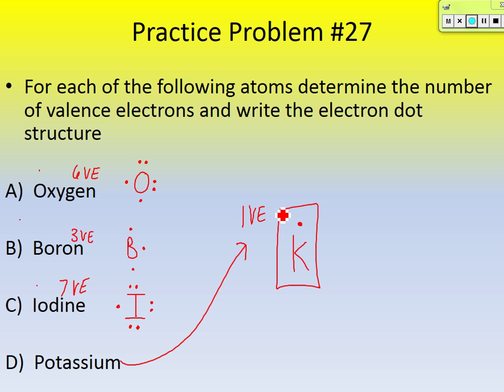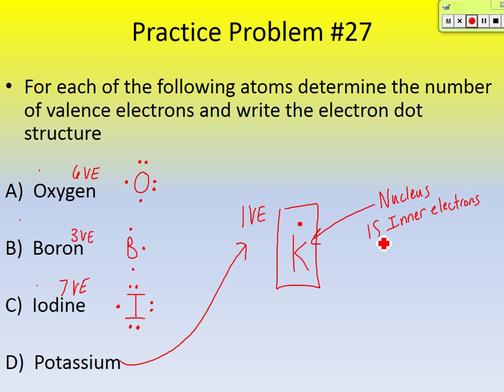Before I move on, the symbol, the K here, would represent potassium's nucleus and all the inner electrons. Remember, potassium, if you look at its atomic number, is 19. So it's got 19 electrons. Only one of those 19 electrons is a valence electron.